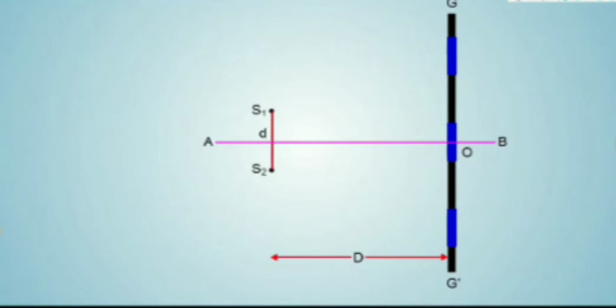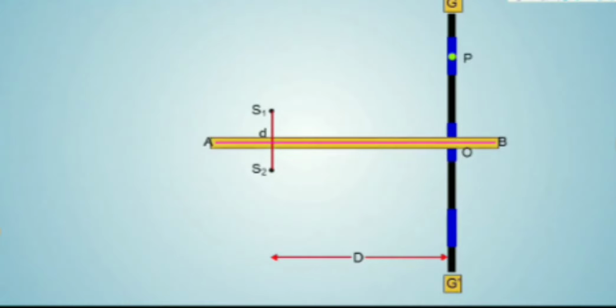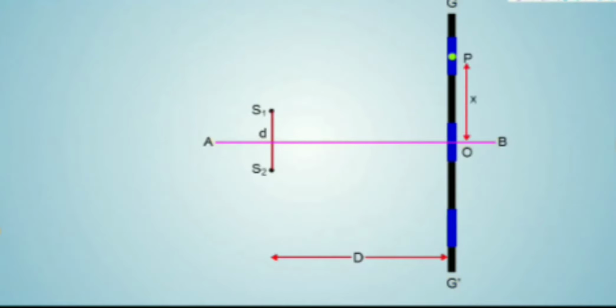We shall now consider an arbitrary point P on the screen along the line GG' perpendicular to AB and passing through O. Let the distance OP be x. Light from the two sources S1 and S2 covers a distance of S1P and S2P respectively to reach the point P.